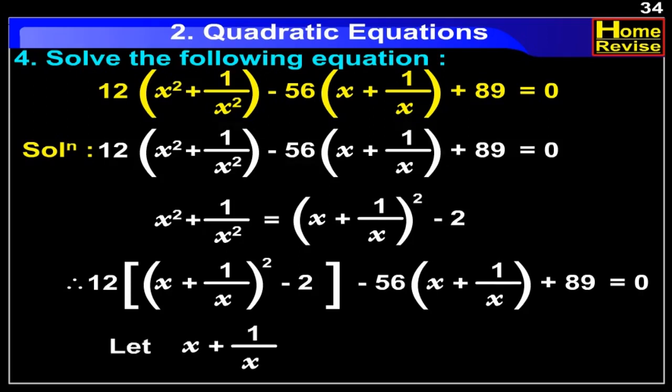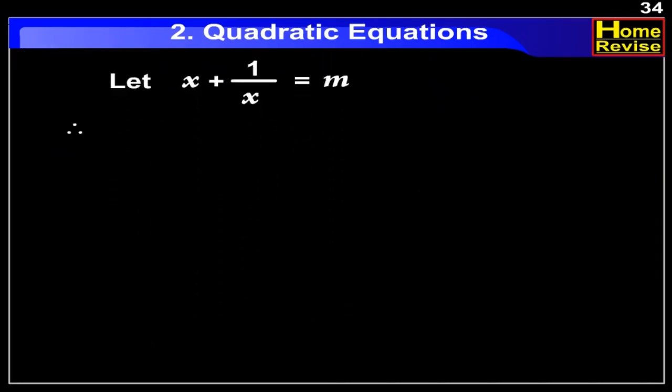Let x + 1/x be equal to m. Therefore, 12m² − 24 − 56m + 89 = 0.